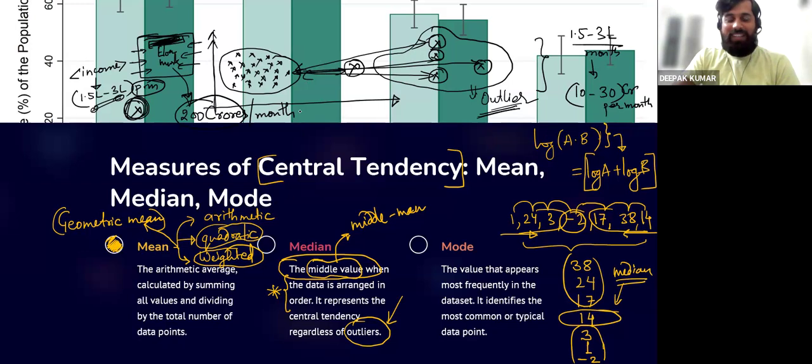Hope I am understood. So we say that an outlier affects the mean very, very much. So whenever you are having big numbers in your data, please either remove them, or it's a request, do not take a mean. Else your mean is a biased mean. It is not a good measure of central tendency.